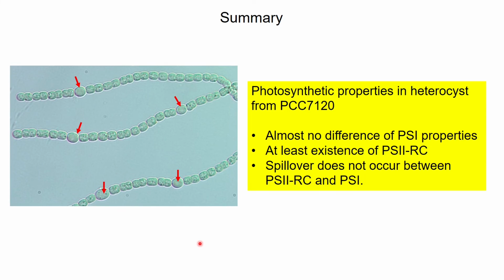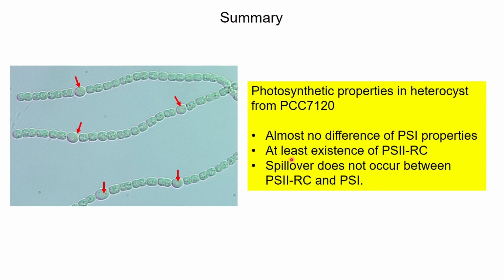Okay, this is the summary. In this presentation, I showed the photosynthetic properties in heterocyst from Anabaena sp. PCC 7120. The characteristics are shown here. There is almost no difference in PS1 properties at the protein level and spectroscopic levels.